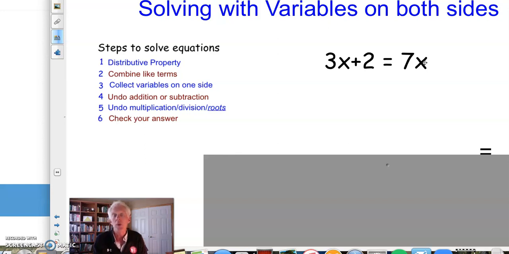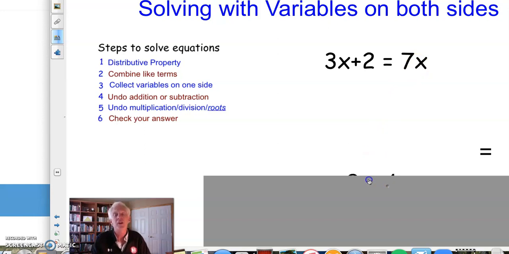All right. So really, to do that, we go back to the things we already know, steps 4 and 5. We can undo addition or subtraction the same way as when we're solving equations. We can subtract 3x from both sides of the equal sign to get rid of the x right here because it's the opposite. Or we have a choice sometimes. We could subtract 7x from this side of the equal sign.